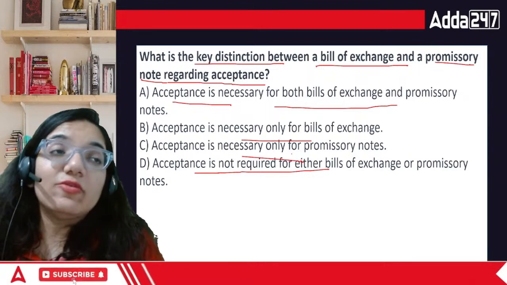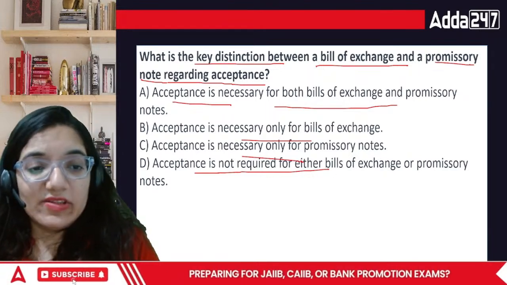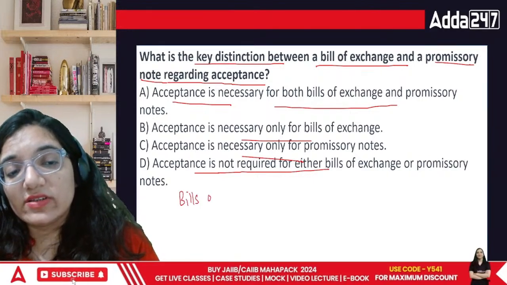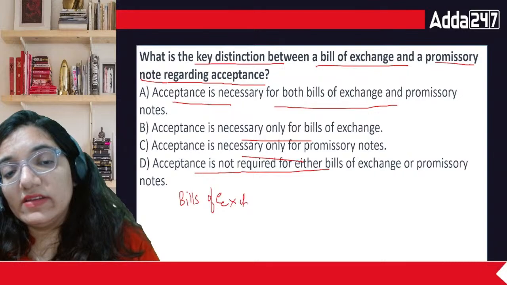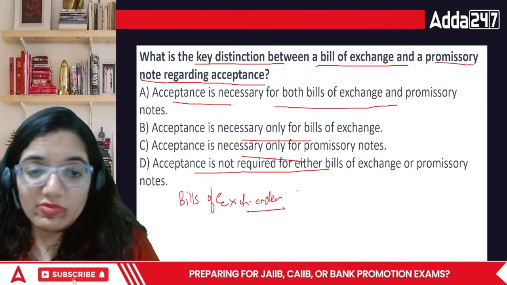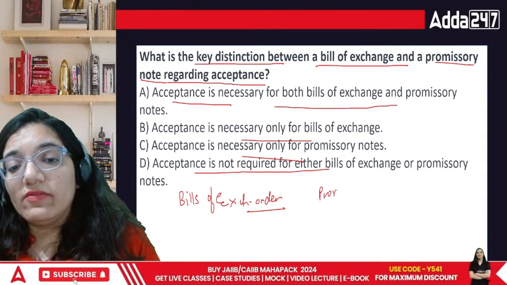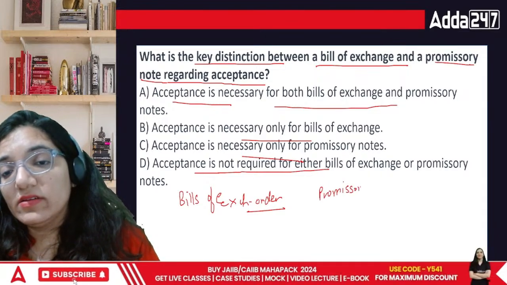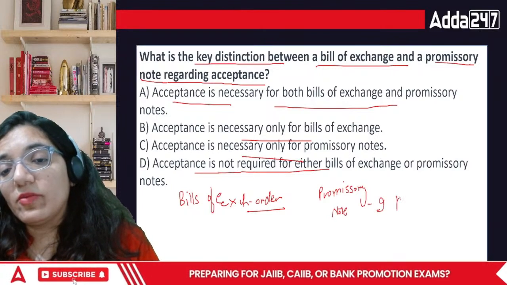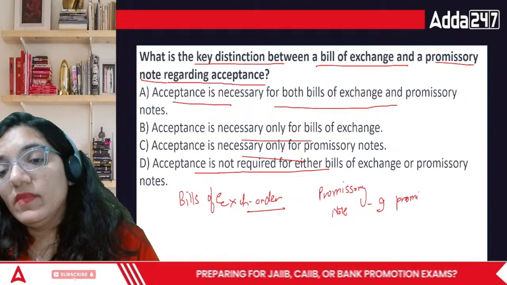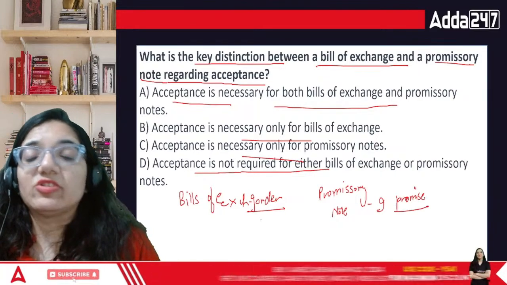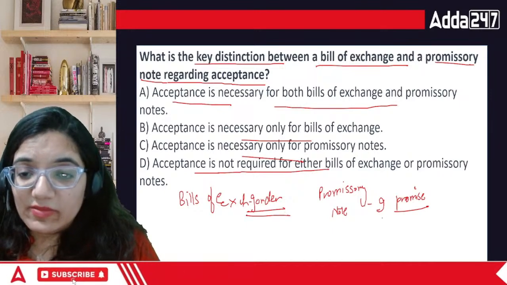One of the major differences between bills of exchange and promissory notes is that a bill of exchange is an order: I order you to pay so much amount of money after so much amount of time. While a promissory note, everyone, is: I promise to pay you this much amount of money after this much amount of time. So this is the particular difference.